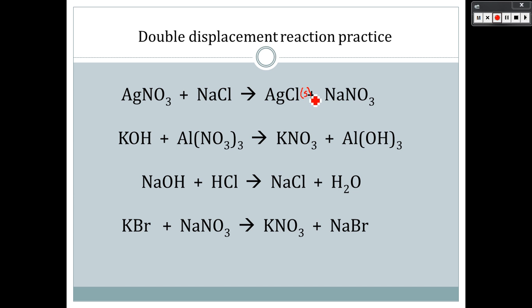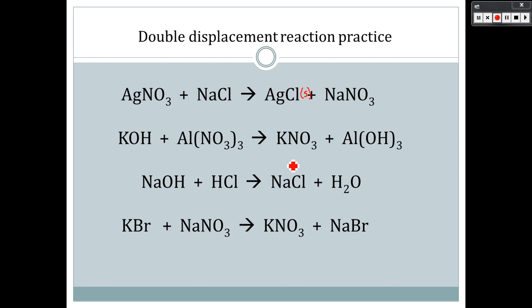Essentially you would mix these 2 solutions and you would end up getting silver chloride, which is solid, and then sodium nitrate, which is soluble in water, so that would be aqueous. That would be dissolved. So it would look like kind of clear water with foggy silver chloride in it. And the silver nitrate, the sodium chloride, and the sodium nitrate would all be aqueous because they're aqueous solutions.